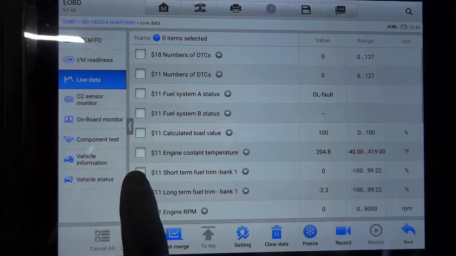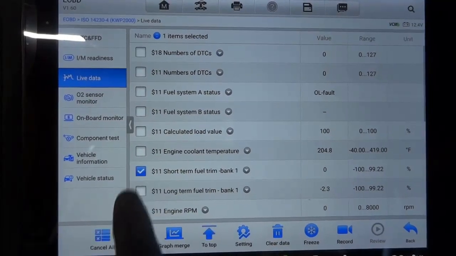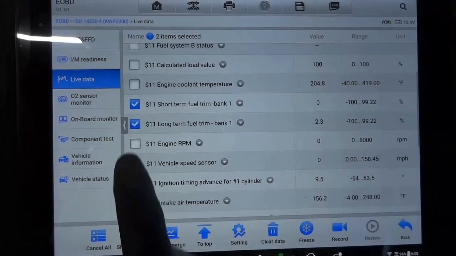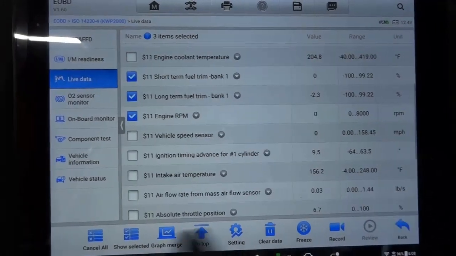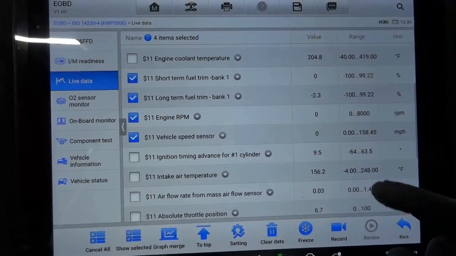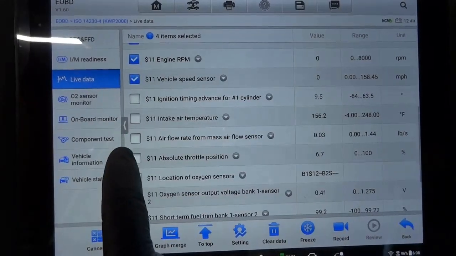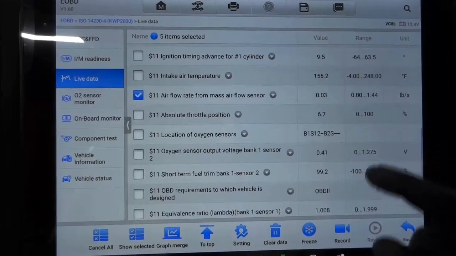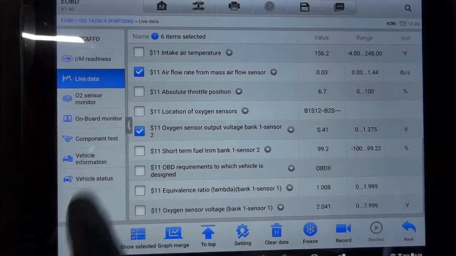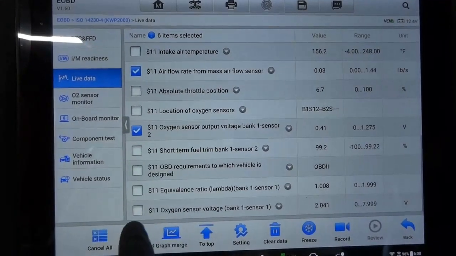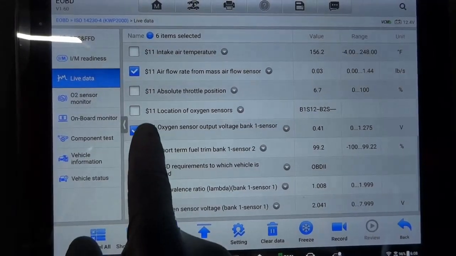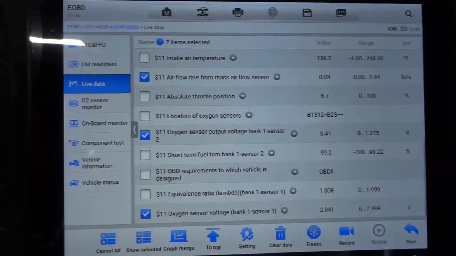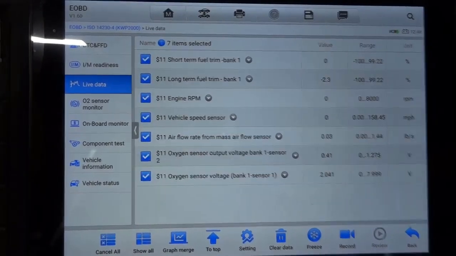We're gonna look at some fuel trim numbers, so short-term and long-term fuel trim, engine RPMs, vehicle speed, airflow rate from the mass airflow sensor, yes, we need to look at that, and the O2 sensor data pads, so the first O2 sensor and the second O2 sensor. So that's all. Okay, so we're just gonna show the selected ones.